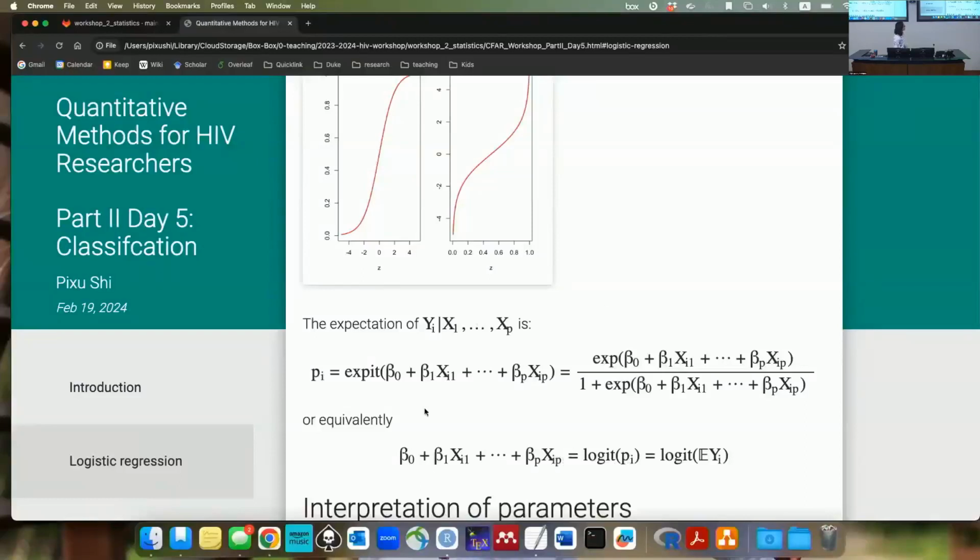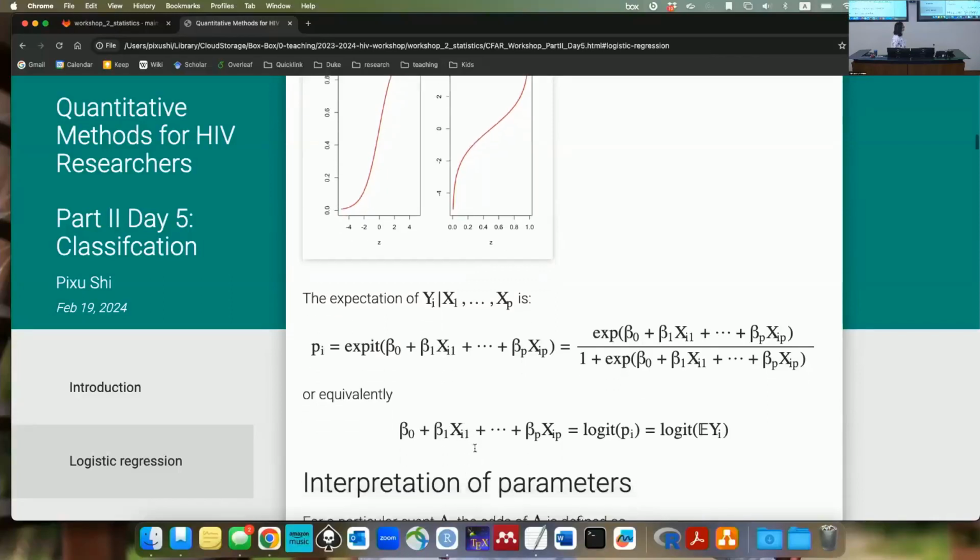The reason why we are going through this whole process is because, in the interpretation of parameters, if we want to interpret the meaning of beta 1, we need to know what is changing when we change x1. For example, if I have 2 patients that are all the same but only differ by 1 year of age, one is older than the other, what are the differences in their risk of having infection?